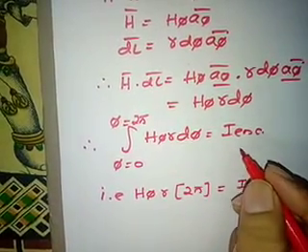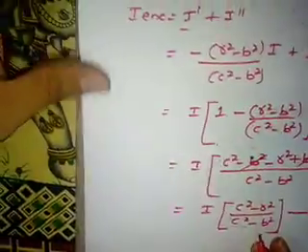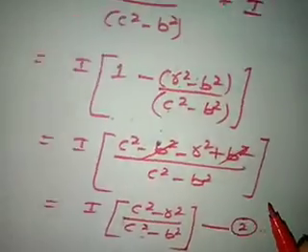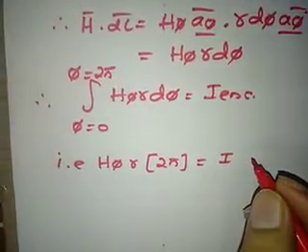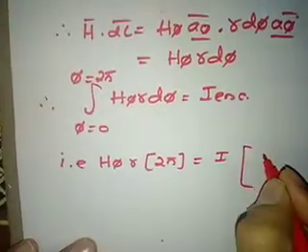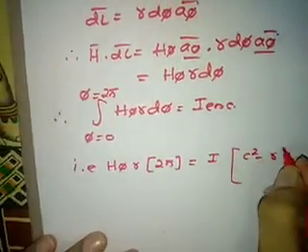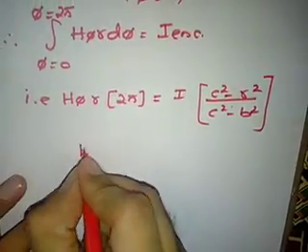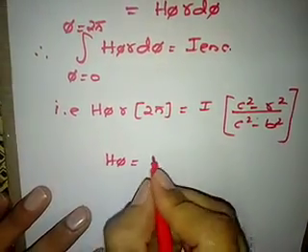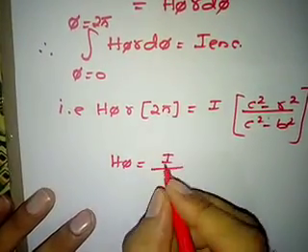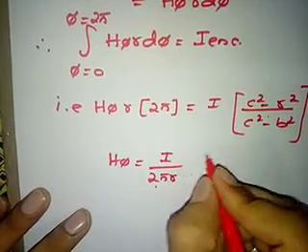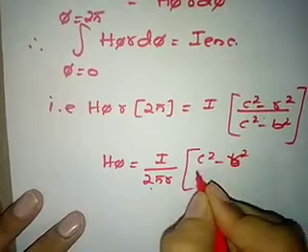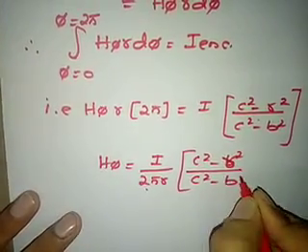We have got I enclosed in our previous equation: I enclosed is I into c square minus r square divided by c square minus b square. So this comes out to h phi equal to I divided by 2 pi r, into c square minus r square divided by c square minus b square.